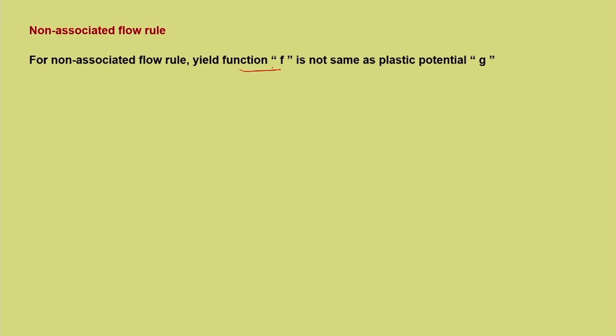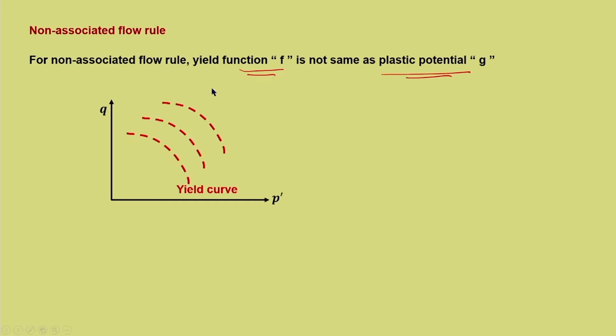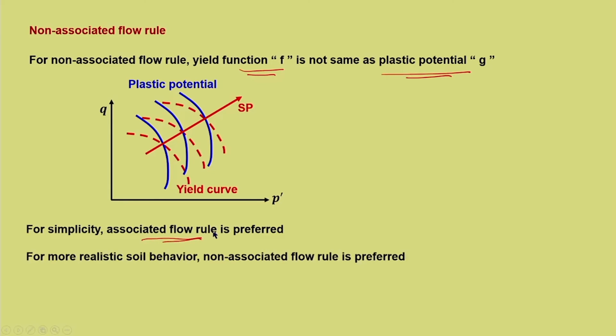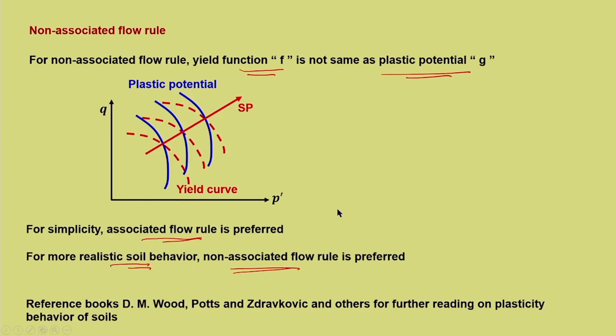When we consider the yield function to be different from the plastic potential, or rather plastic potential G is different from F, then we say it is a non-associated flow rule. So, the yield curve and the plastic potential are different. For simplicity, the associated flow rule is mostly preferred. For more realistic behavior, a non-associated flow rule is preferred.